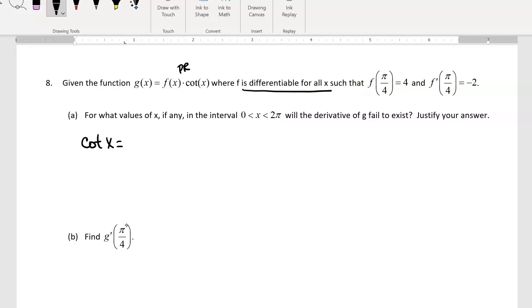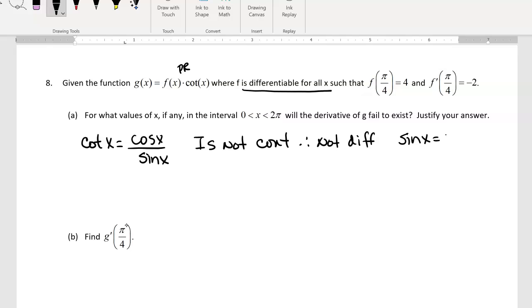Cotangent of x, which is cosine over sine, is not continuous, therefore not differentiable, when sine of x equals 0. And over this open interval, the only place would be pi.